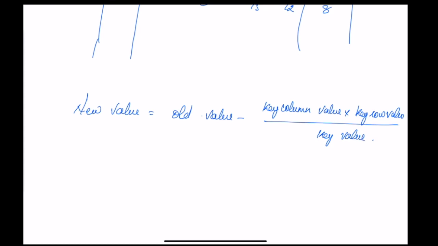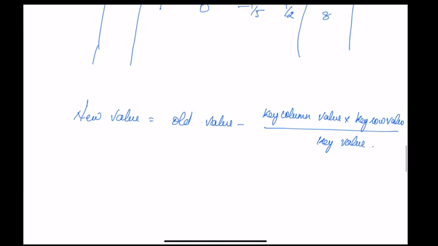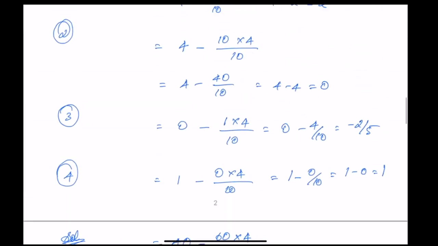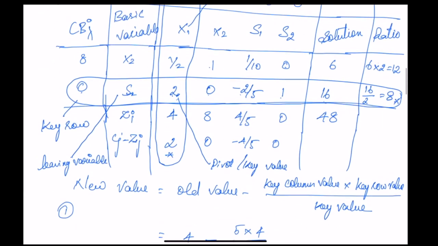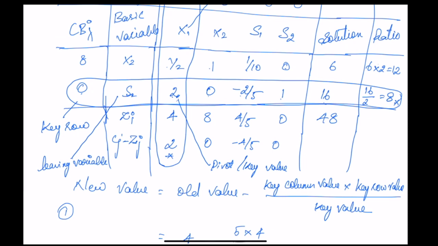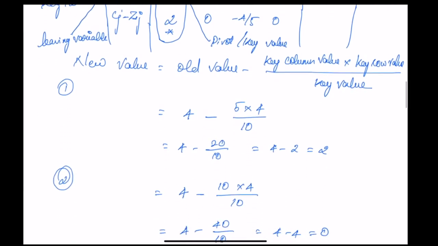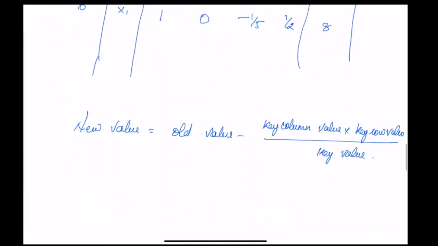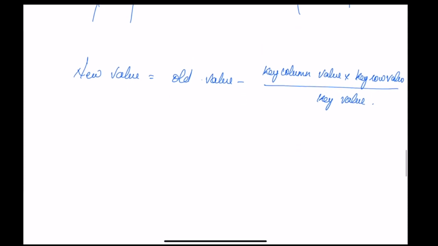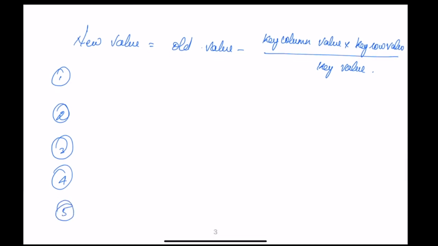Now, what are all the old values that we have? In the first iteration, the old values are 1 by 2, 1, 1 by 10, 0, 6. Let me write all the old values together. The first, second, third, fourth and fifth.